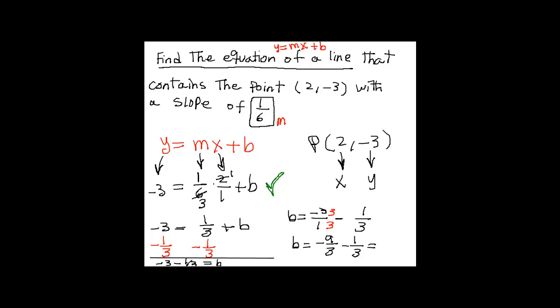So b is equal to what? Roberto? Renee? You're saying next page. I'm not sure what that means. Roberto? Why do you say -8? Both of these are minus. -9 and -1 would be equal to what? Yes, -10 over 3.